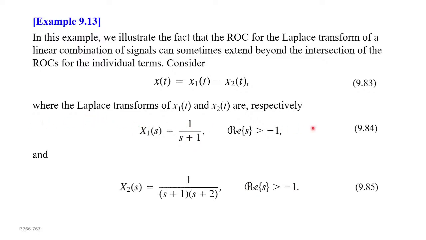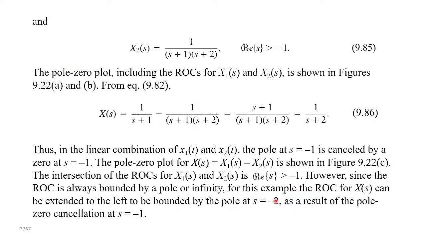The Laplace transform of the first signal is x1 of s, one way, a pole at -1, and ROC bigger than -1. And x2 is one way, x2 is 1 over s plus 2, and ROC is also bigger than -1.